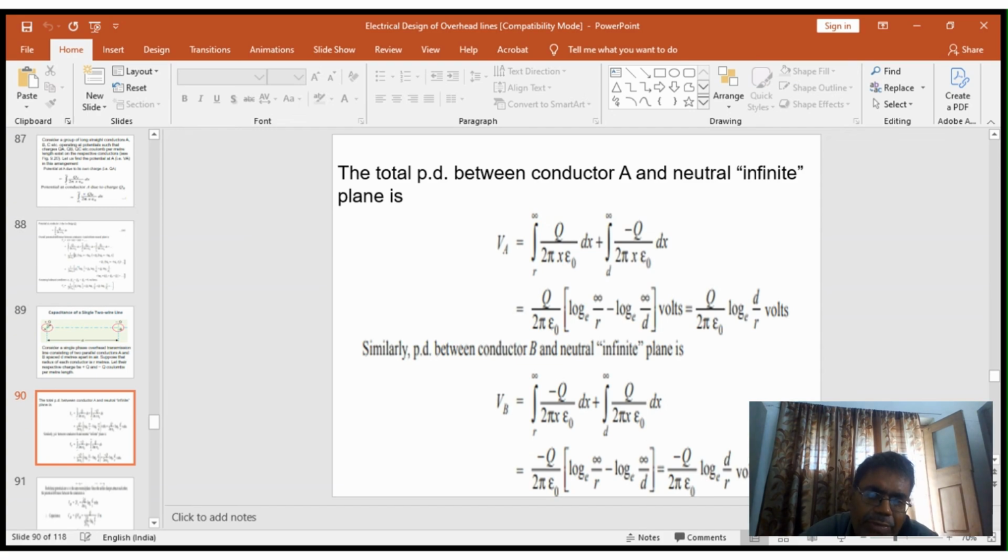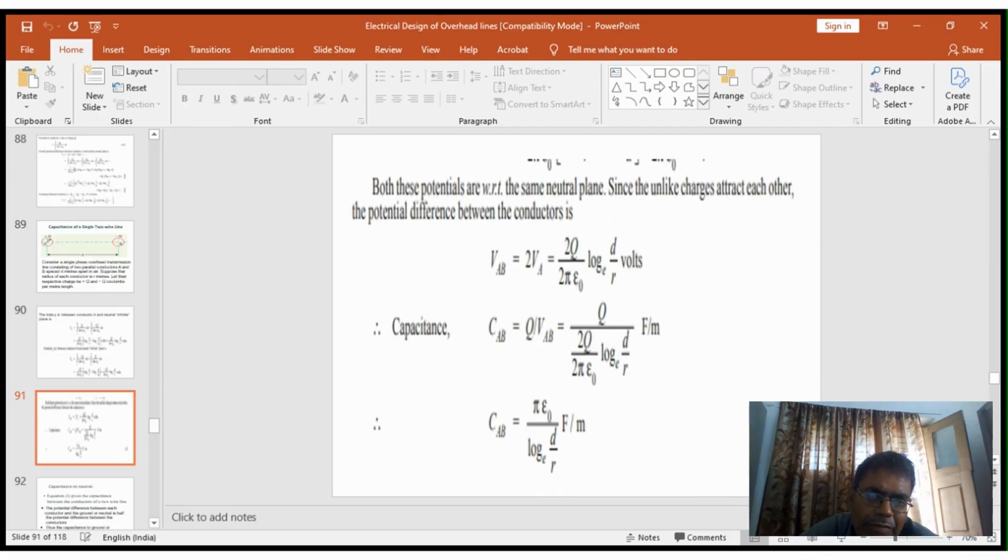Similarly, the potential difference between conductor B and the infinite neutral plane, Vb, is equal to the integral from r to infinity of minus q divided by 2 pi epsilon naught x dx plus the integral from d to infinity of q divided by 2 pi epsilon naught x dx. Then we get the Vb value. The potential difference between the two conductors, Vab, is equal to Va minus Vb. Then substituting, we get q divided by pi epsilon naught log d by r. Finally, capacitance is equal to q by V, the charge per unit potential difference.